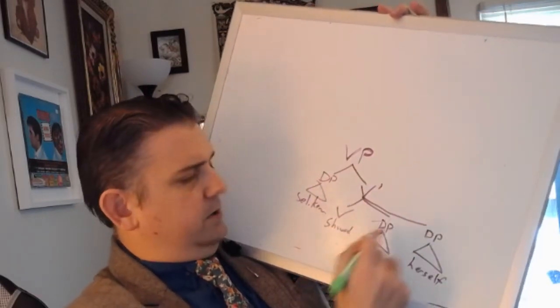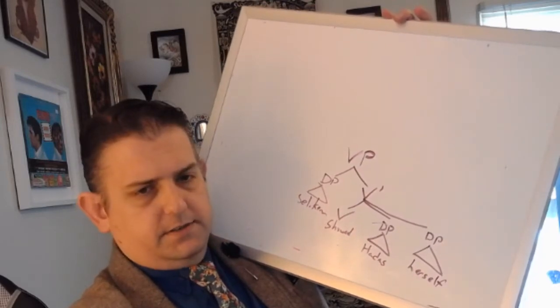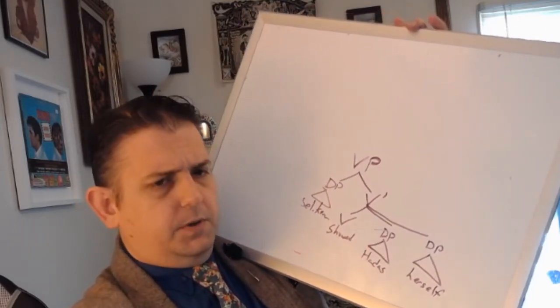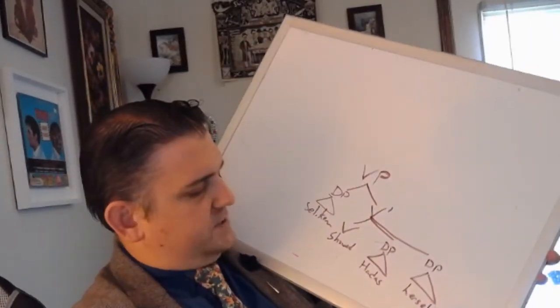Somehow the verb is going to doubly assign case to both Hadass and herself in this structure, which is also a little unusual. But then again, we've never seen something take a double complement before, so perhaps we can doubly assign a theta role and doubly assign a complement, maybe. And this more or less works.